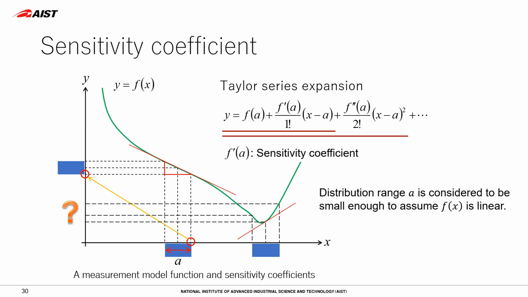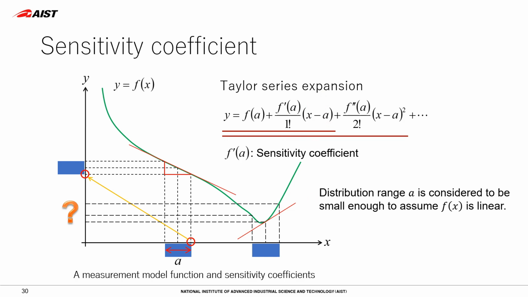This figure shows a plot of y as a function of x. Assuming that input x has a variation around a, as shown here, that variation is linearly projected onto y. Say, the variation of x affects the variation of y, and its effect is proportional to the partial derivative in the second term of this equation.